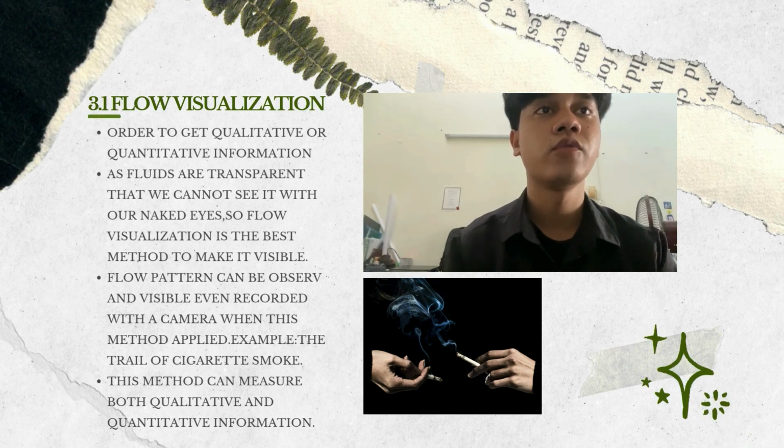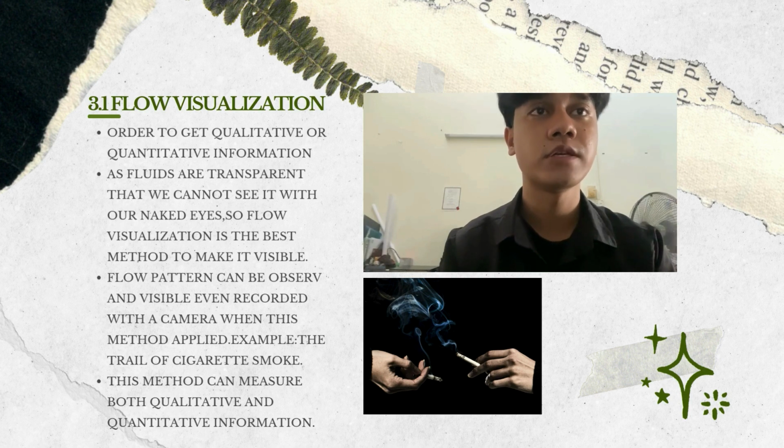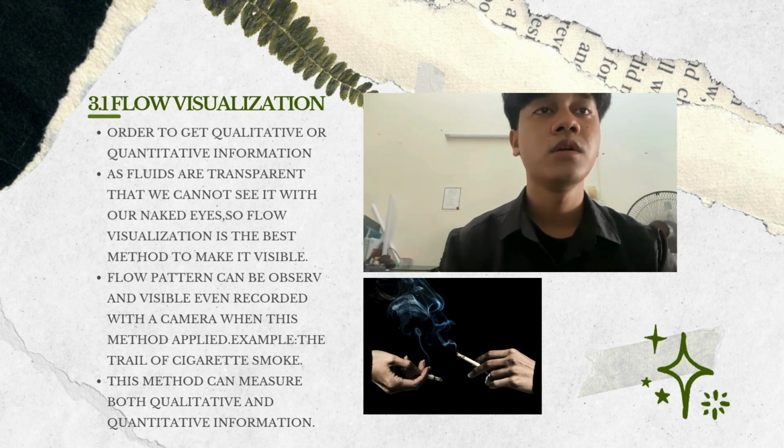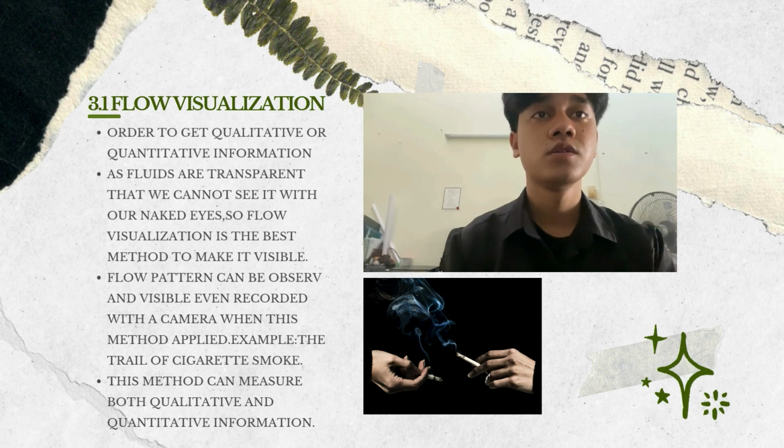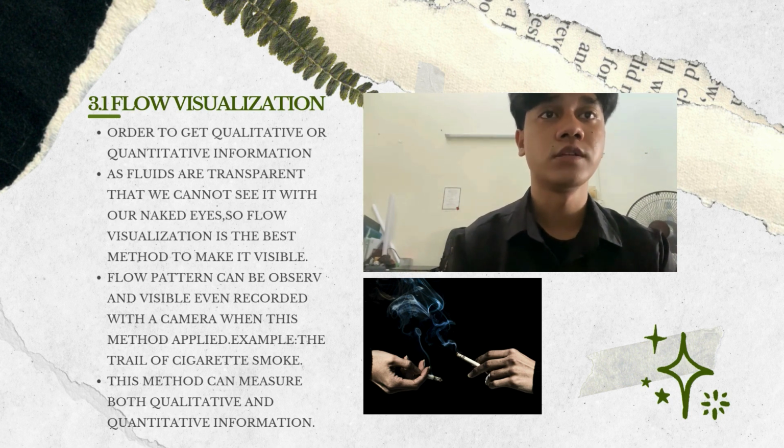In order to get qualitative or quantitative information, qualitative means a quantity that cannot be measured, and quantitative is a quantity that can be measured. Fluids are transparent, so we cannot see them with our naked eyes.